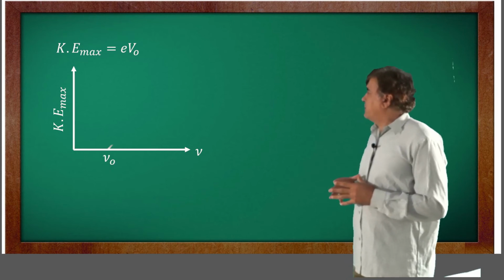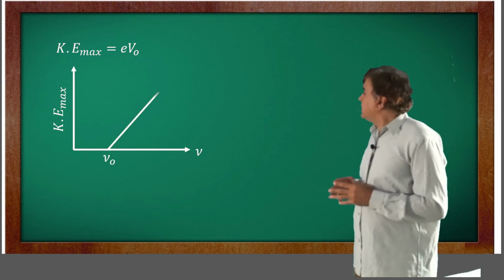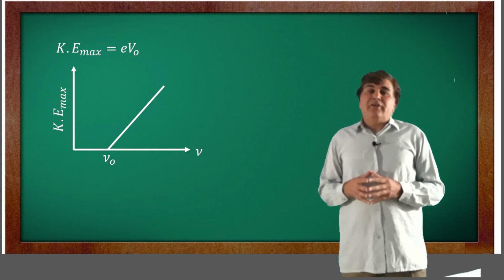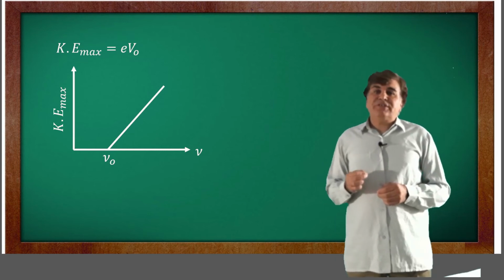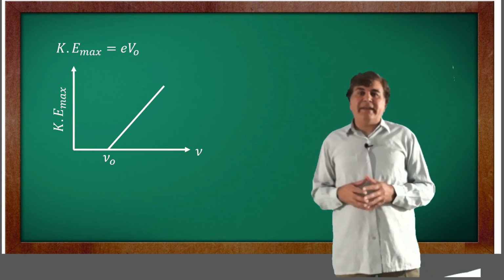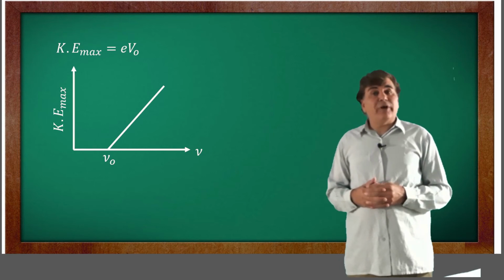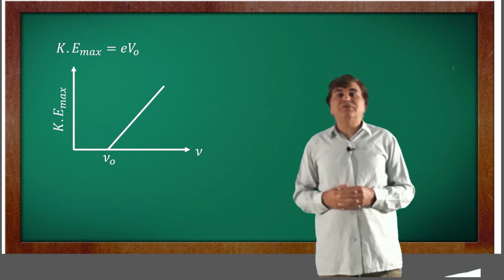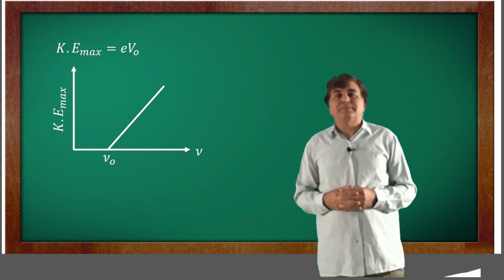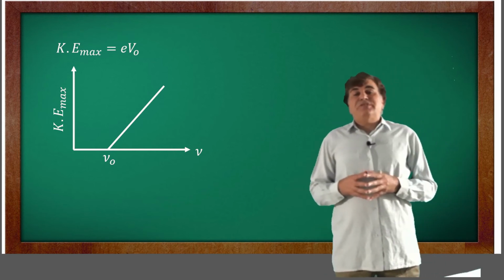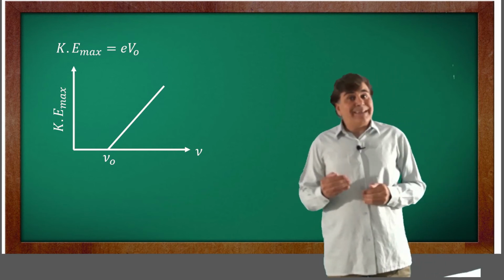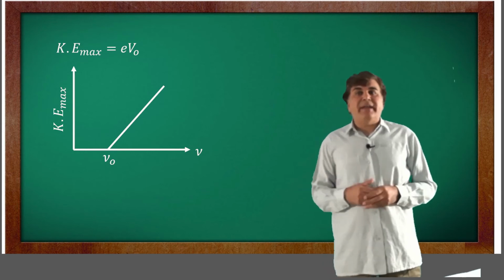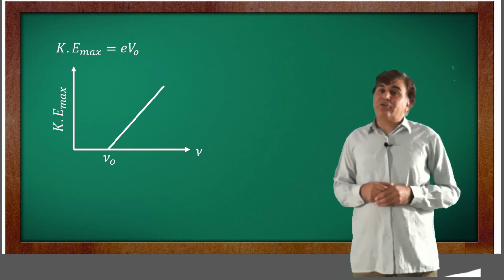In other words, the maximum kinetic energy of photoelectrons depends on the frequency of incident light. That is, increasing the frequency of incident light results in increasing the maximum kinetic energy of photoelectrons.